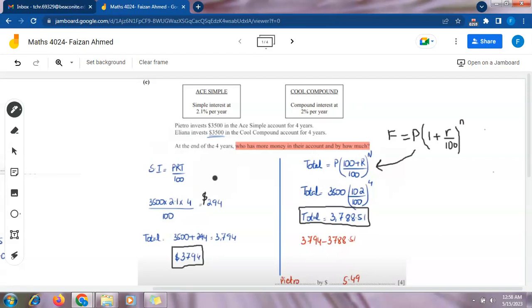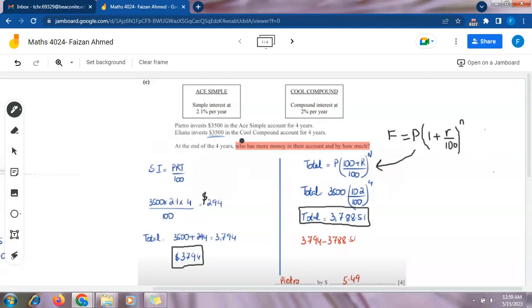So now moving to the calculation of the Cool Compound account. The Cool Compound account is providing us a compound interest of 2% per year. So we will be using the formula for compound interest. And what is that formula? The formula is F equals P, bracket 1 plus R upon 100, bracket close, power n. F is the final amount, P is the principal amount, R is the compound interest rate, and n is the number of years.